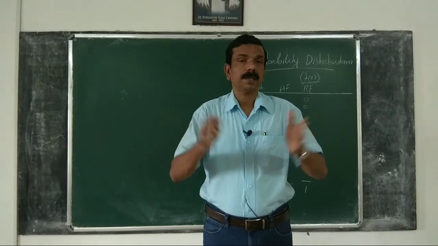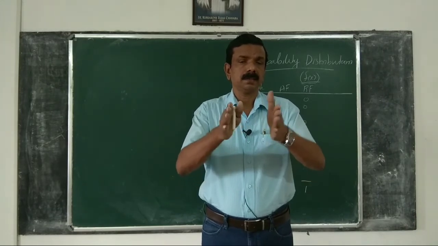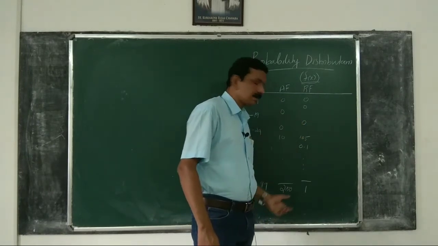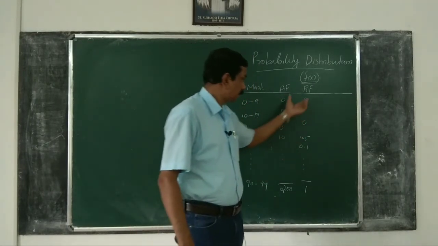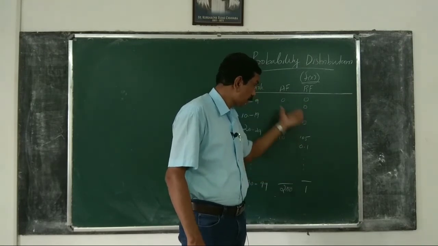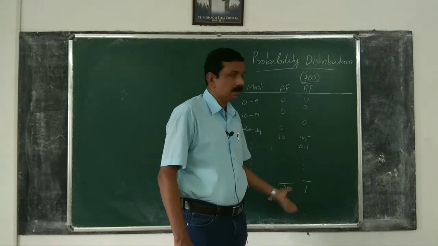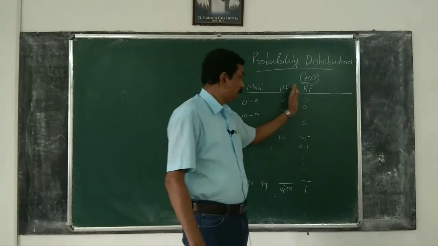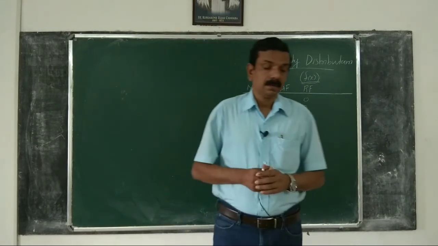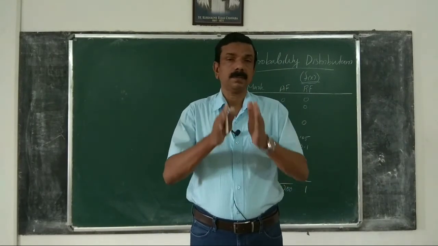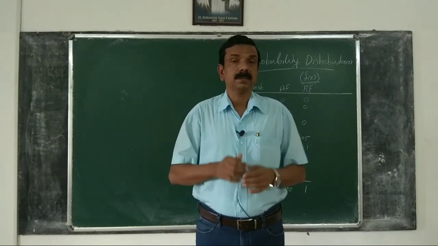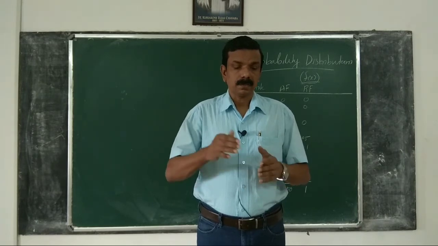All these are random variables. And we can assign probabilities to each event or set of events, and dividing each with the total will give you the relative frequency, and this is nothing but the frequentist interpretation of what is known as probability. So probability distribution is nothing but relative frequency distribution for our purpose.